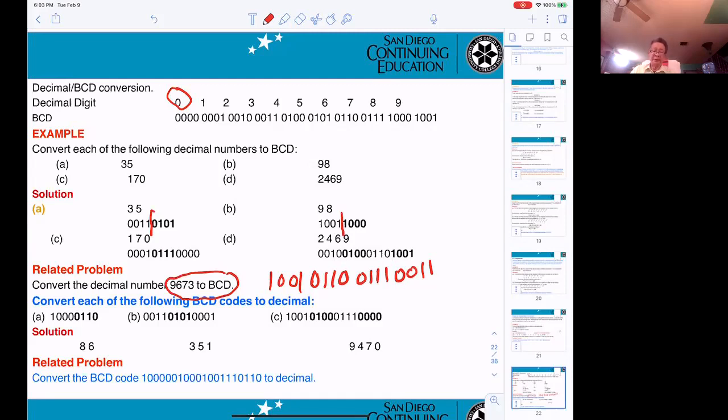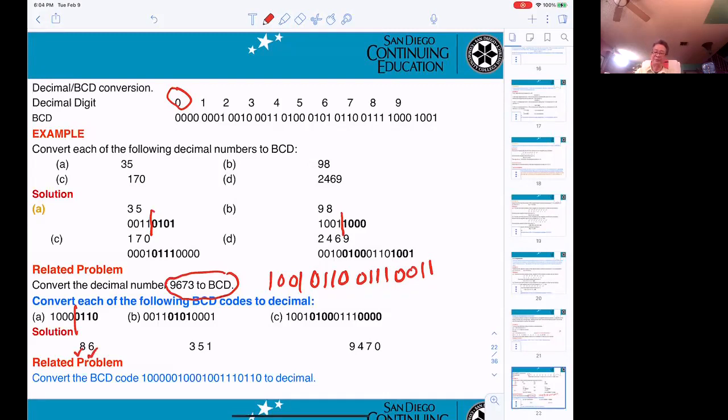And then they say converting BCD to decimal. Same thing. From right to left, divide into groups of four bits and change them. 1000, that means you get number 8. 0110, you get number 6.